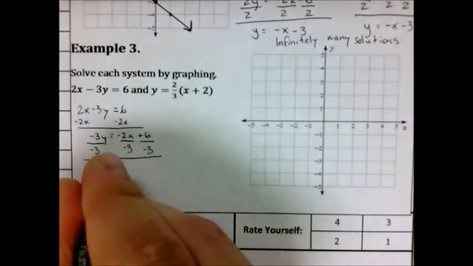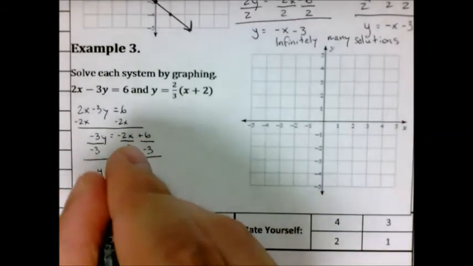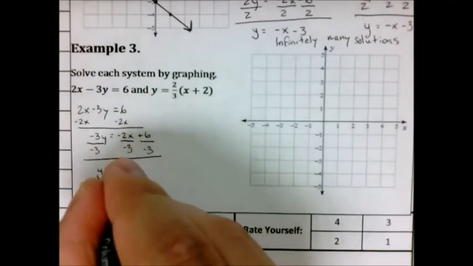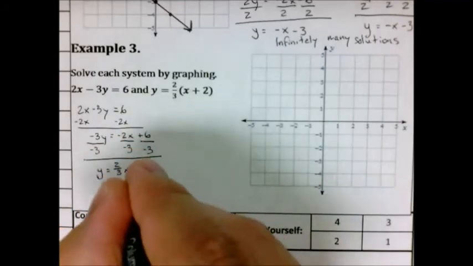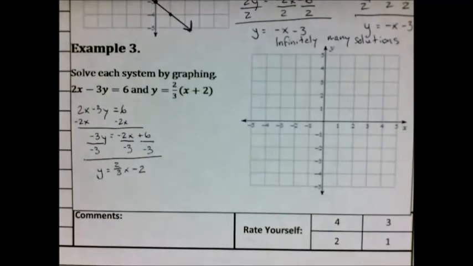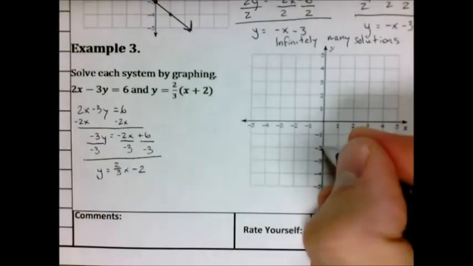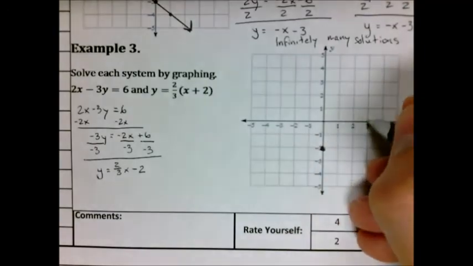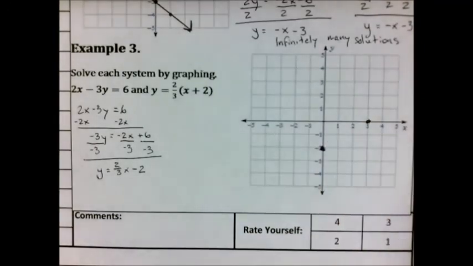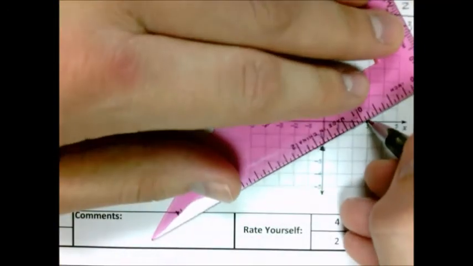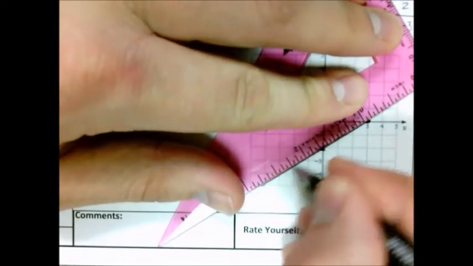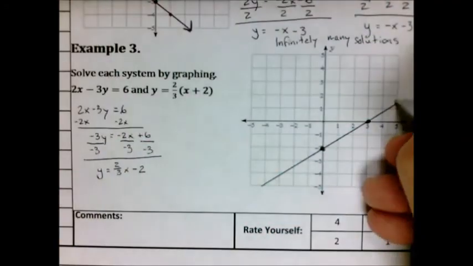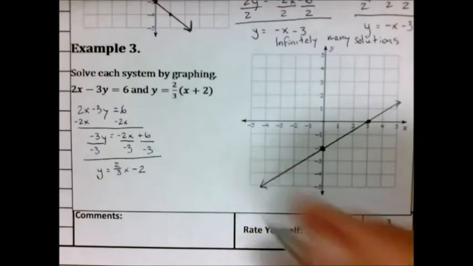And we are finally left with y is equal to a positive now 2/3 x minus 2. Okay, and we can graph that. Our y-intercept is at negative 2, and the rise is 2, run of 3. So we've got our 2 points, and we can graph this on our coordinate plane here. Extend the lines in both directions.